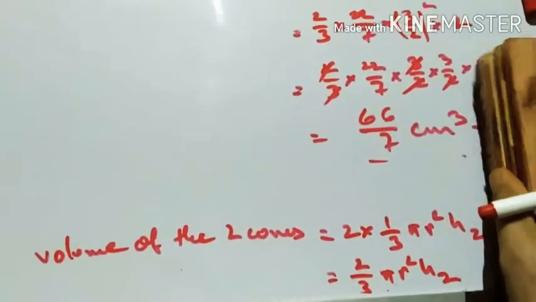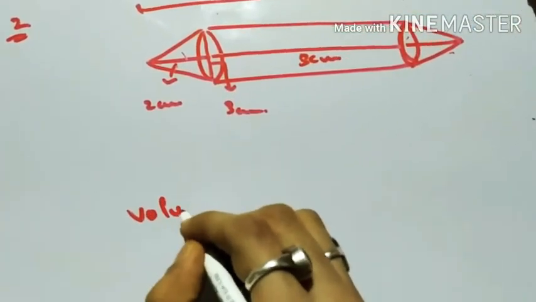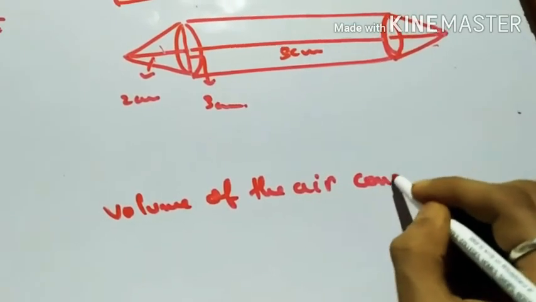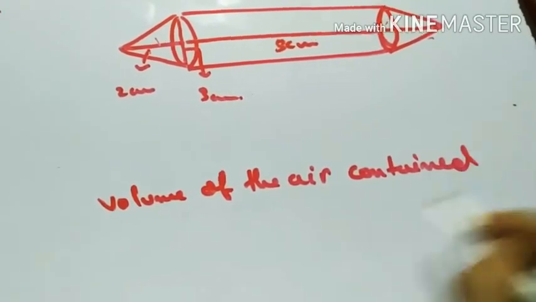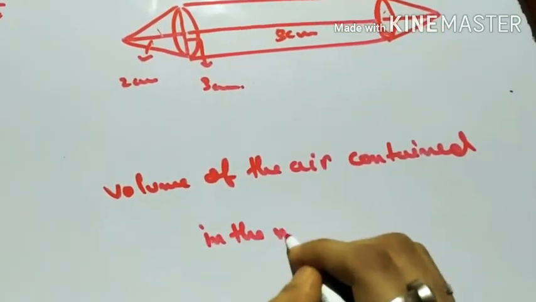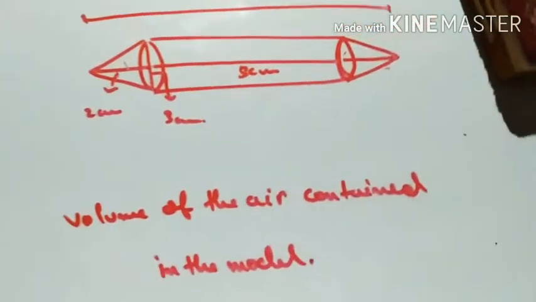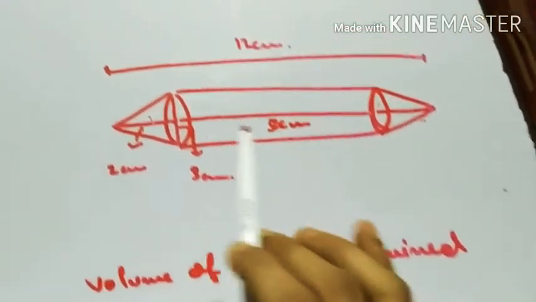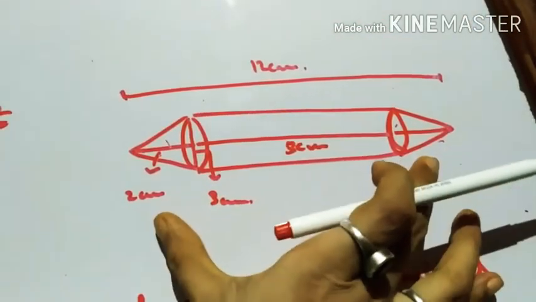Finished. Now I will have to find the volume of the air contained in the model. The volume of the air contained in the model will be equals to the volume of the cylinder plus the volume of these two cones.